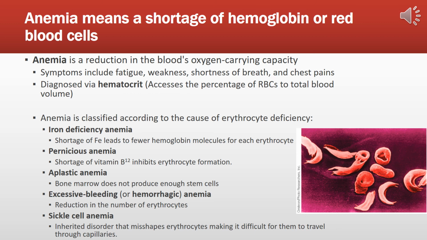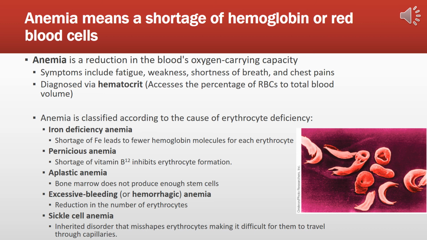In pernicious anemia, we have a shortage of vitamin B12, which inhibits the formation of erythrocytes such that we have a reduced number of these cells. In aplastic anemia, the bone marrow simply does not produce enough stem cells to form erythrocytes from. There's also hemorrhagic anemia caused by excessive bleeding, and of course this leads to the reduction of erythrocytes.